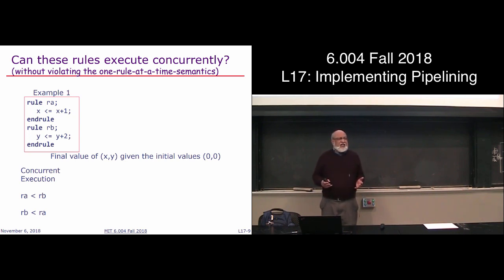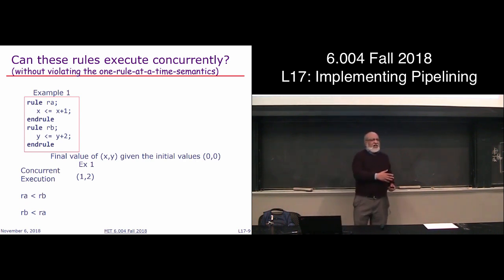No. And what does parallel execution mean? You always read the old values. Whatever updates you have, you can't see them. So if initially it was 0, 0, what answer should you get here when you execute them concurrently? 1, 1, right? The second one says, suppose I execute rule RA first, and then I do rule RB. What answer will you get? The same, right?